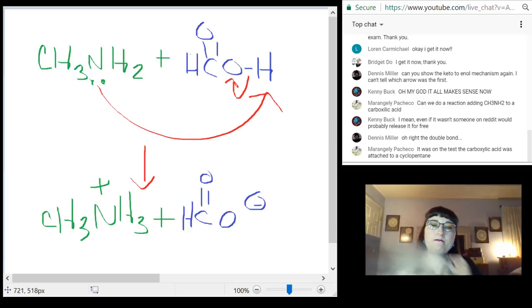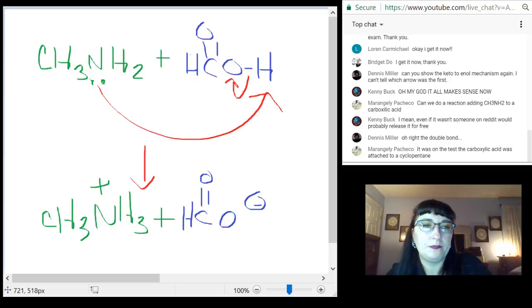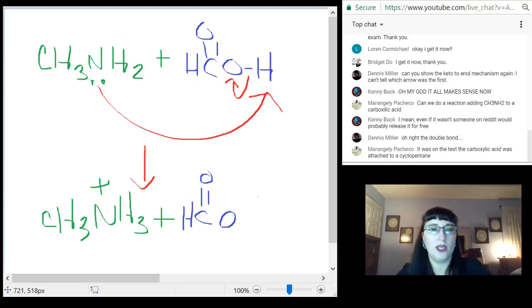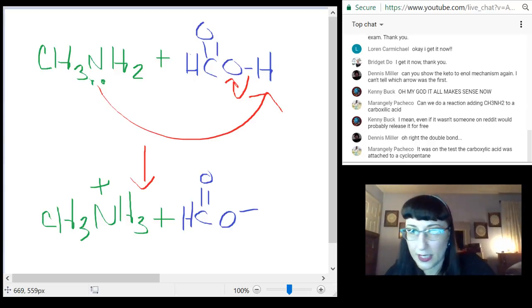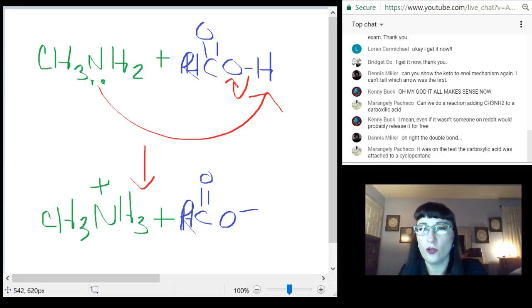And I mean, if it was a cyclopentane, then just think of that as an R group. It could be anything attached to the cyclohexane, or to the carboxylic acid.